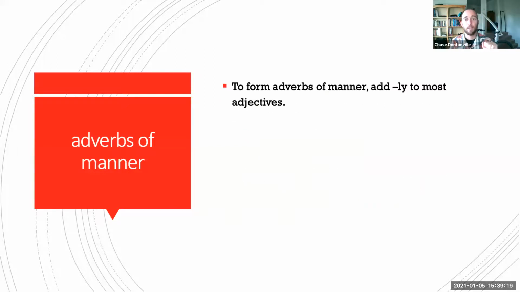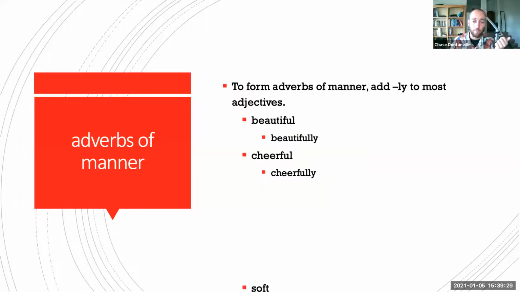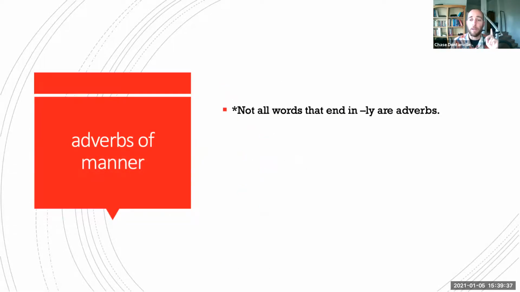All right. Now, to make an adverb, you add ly to most adjectives. Okay, so beautiful, beautifully. Cheerful, cheerfully. Soft, softly. Okay, so we're adding ly to make the adverb. But not all words that end in ly are adverbs. There's some tricky words. So he is friendly.